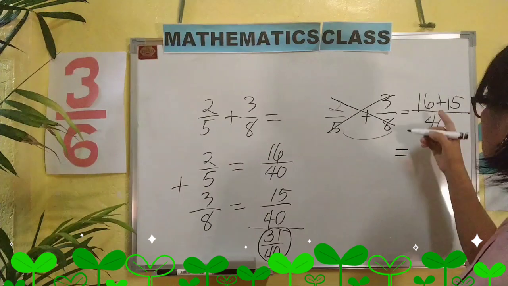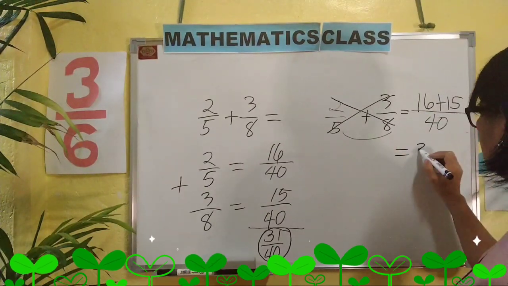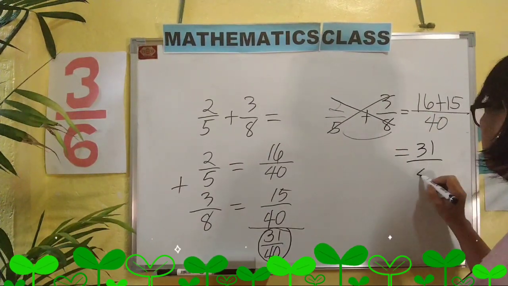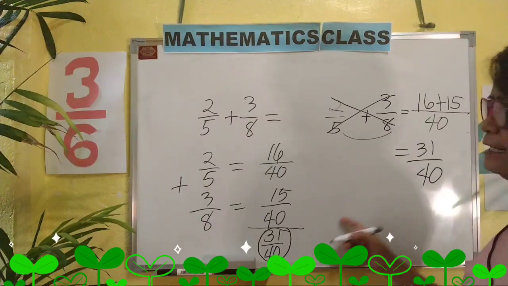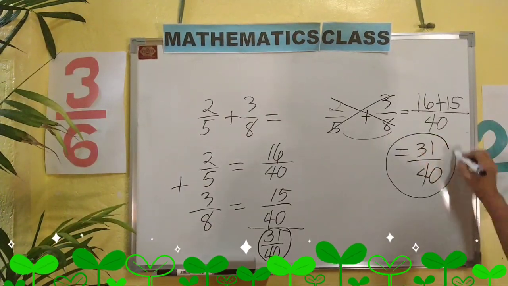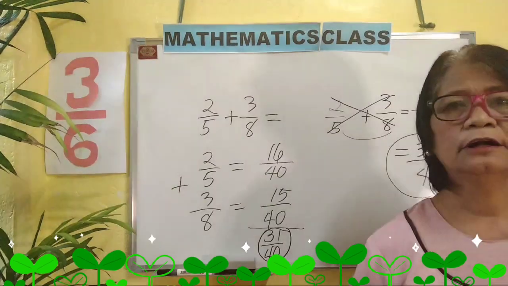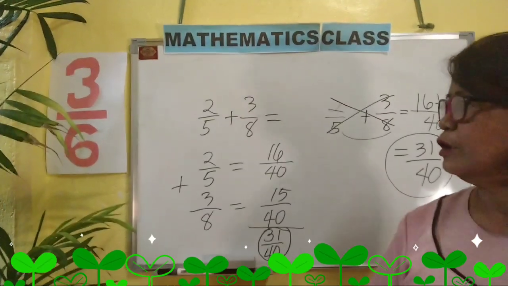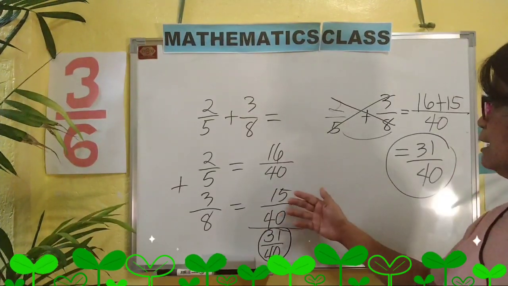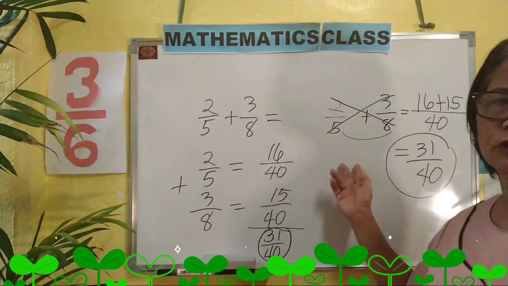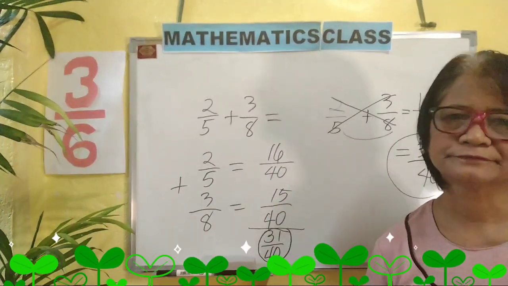So, the answer, 16 plus 15 equals 31 over 40. So, they have the same answer. Your possible answer is 31 over 40. So, whichever way is easier for you, you can use either of the two ways.